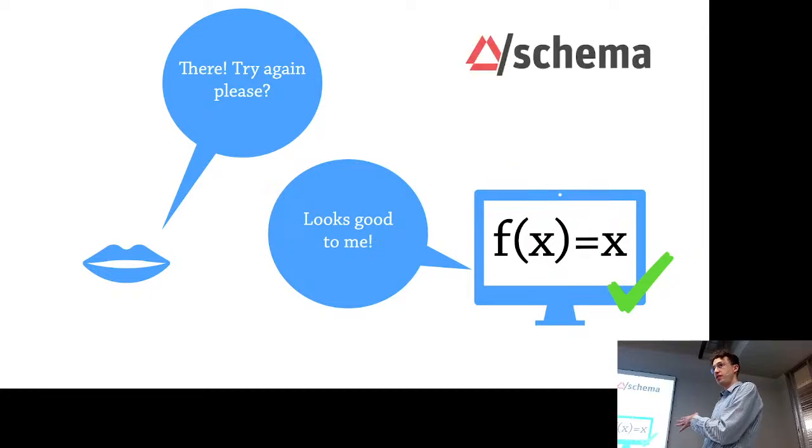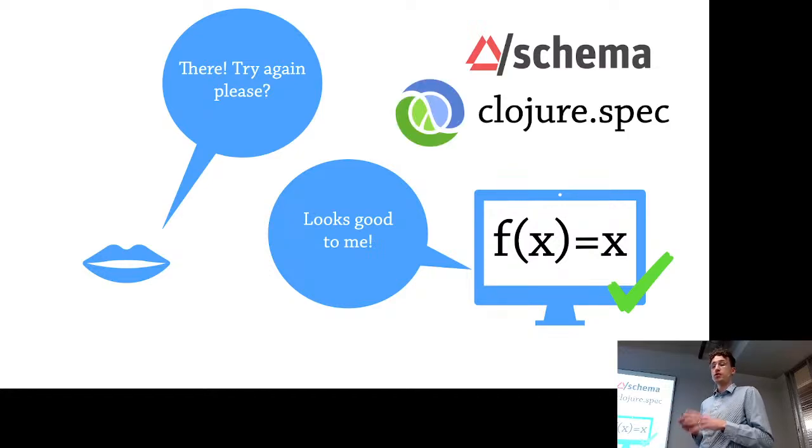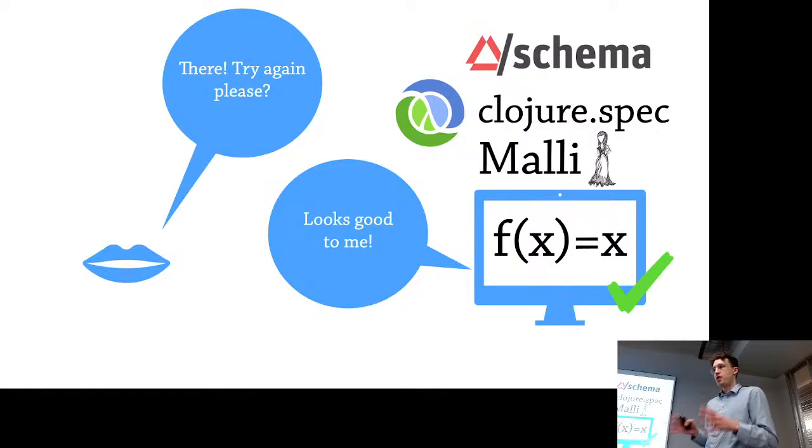So this computer over here on the right, in Clojure, there's really 3 different ways you can make use of it. First one is a library called Schema. Second is a library called Clojure.spec, which is where the word spec was sort of popularized from. And the third one is Malli. For the purposes of this talk, these 3 libraries are equivalently powerful.